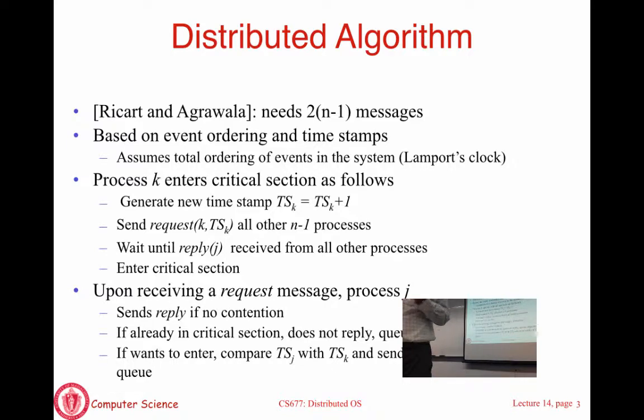Okay? So you cannot basically distinguish why there is no reply. The process has crashed, but you cannot figure out whether it crashed holding the lock or not holding the lock. So there is no safe way for this process to move ahead. All it can do is wait and hope that this crashed process comes back up, and then eventually it will reply because you are trying to reach it.